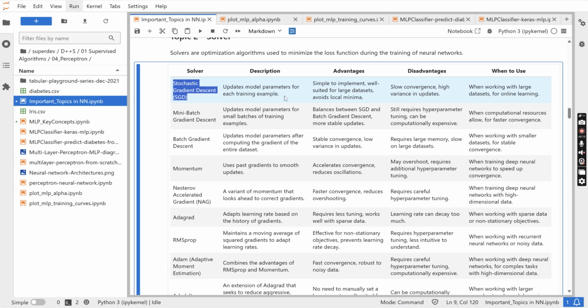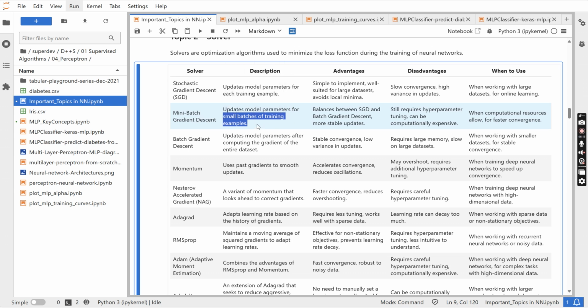What it does is start updating the model parameters for each training example. Very important, this distinction is very important. It happens at each training example, whereas mini batch gradient descent happens for batches of training examples, in multiples of 2, like 8, 16, 32.